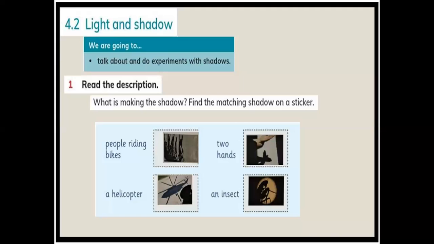You can take out the stickers and paste them in their places. Second one is two hands. This is the shadow of two hands, a shadow of a helicopter, and a shadow of an insect.